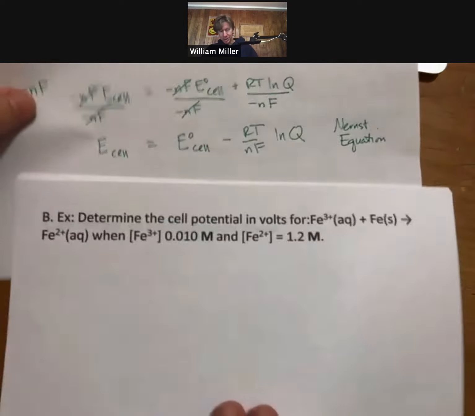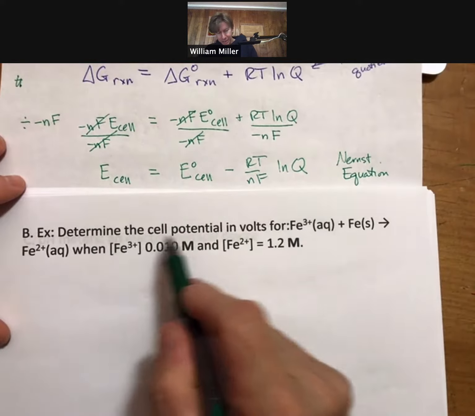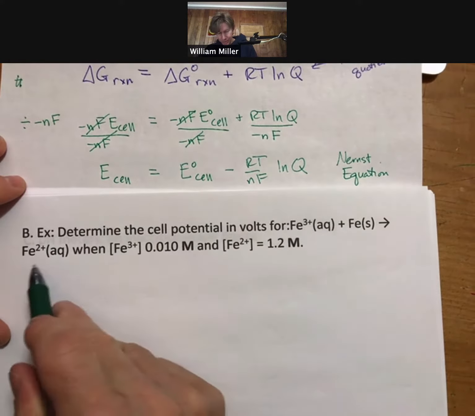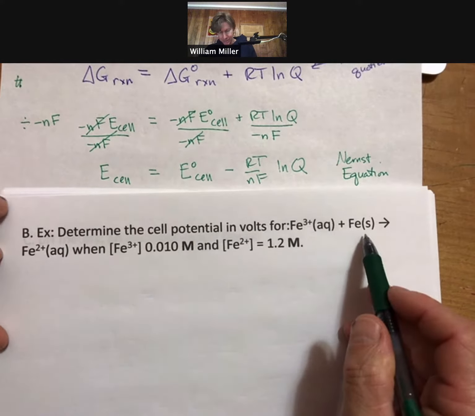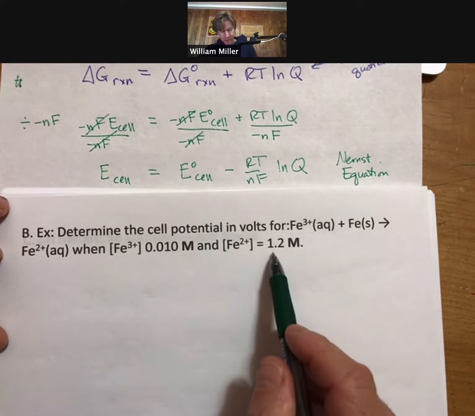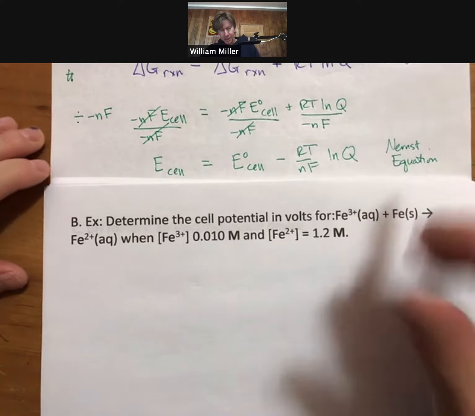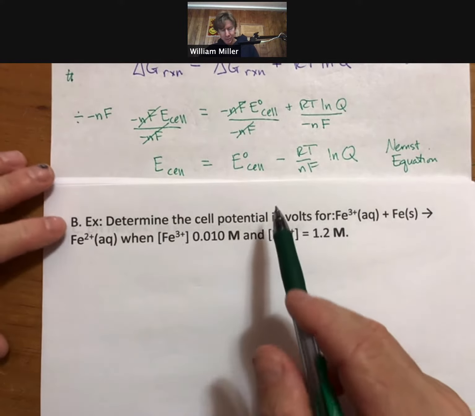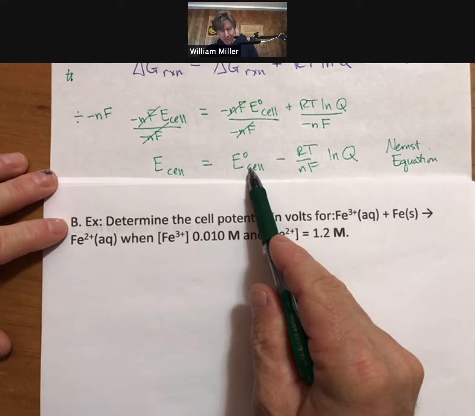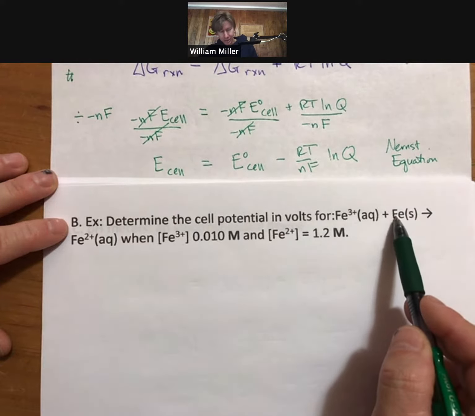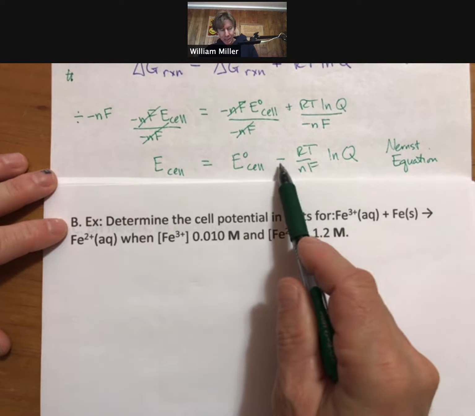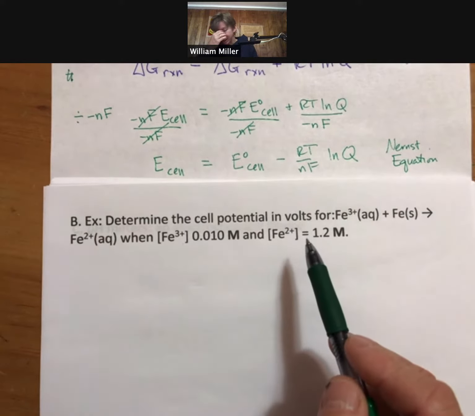And we're going to use it to determine the cell potential in volts for this reaction with concentrations that are clearly not 1 molarity. And this will be a two-step process. First, we need the cell potential of the reaction under standard conditions. Then we will fill in with our different concentrations.